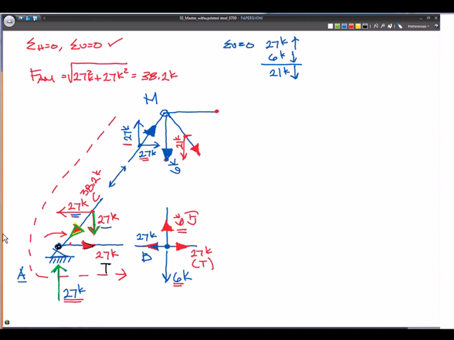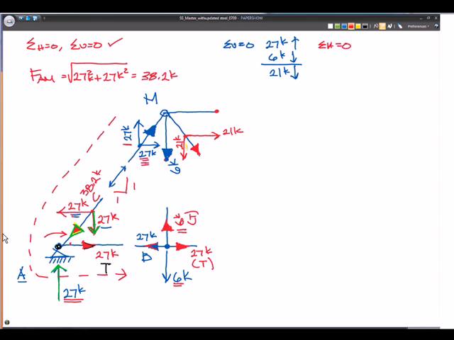Okay, so now, once we have one component of the diagonal MC, remember, you get the other one for free. So this has to be 21 kips to the right. They have to be equal to each other. It's a one-to-one relationship for all of these diagonals. Now we can do sum of the horizontals equal to 0.